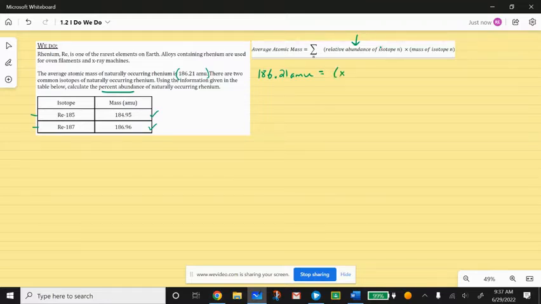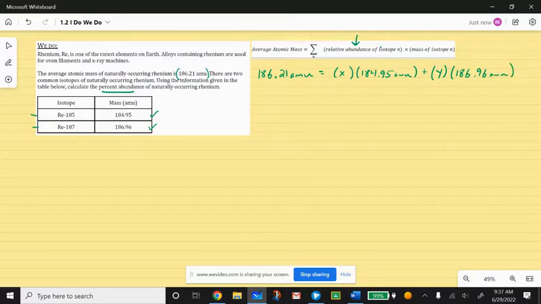So for one of the isotopes, we're going to say the relative abundance is X, and the mass is, we'll do rhenium 185, 184.95 AMU. And we're going to add that to the second relative abundance. We're just going to call this Y. But that mass for rhenium 187 is 186.96 AMU.